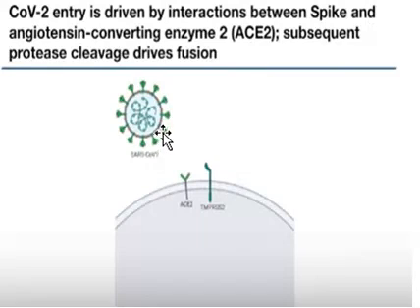So the spike is like a key, and the receptor is the lock. It can unlock it, like opening the door, but that alone is not enough.